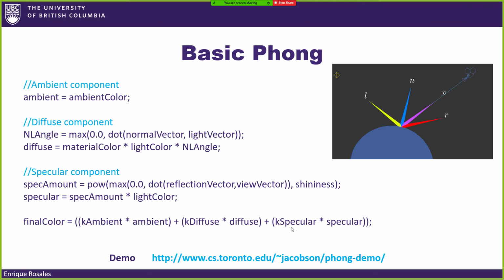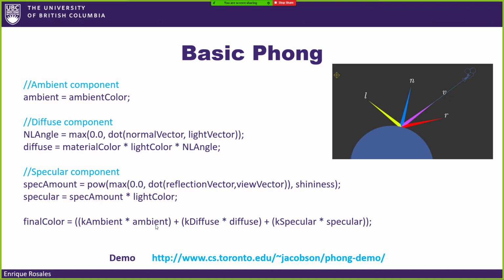For example, if I decrease the ambient color, it will look like maybe the object is in a darker area, because now this fake lighting that is coming from everywhere is not as strong. Of course, if you have an object in a completely empty room with only one source of light, maybe your cell phone, one side of the object will appear brighter, and the other side will be completely black or almost completely black.